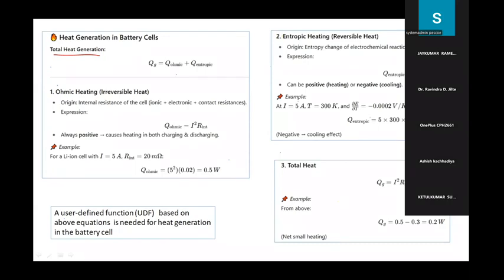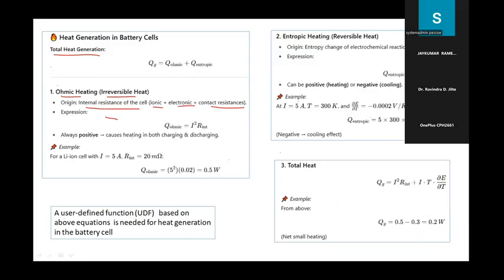One is the ohmic heating, also called irreversible heat, which comes from the internal resistance of the cell, like ionic, electronic and contact resistances. The formula available is I squared R, where R is the internal resistance. We take it as always positive, causing heating in both charging as well as discharging. For example, if you have a single lithium ion cell with a current of 5 ampere and resistance of 20 milliohms, then the contribution of the ohmic heat is 0.5 watt.